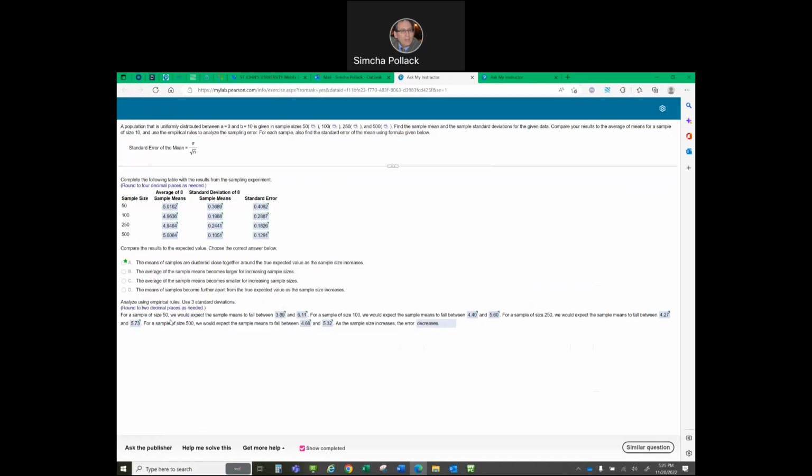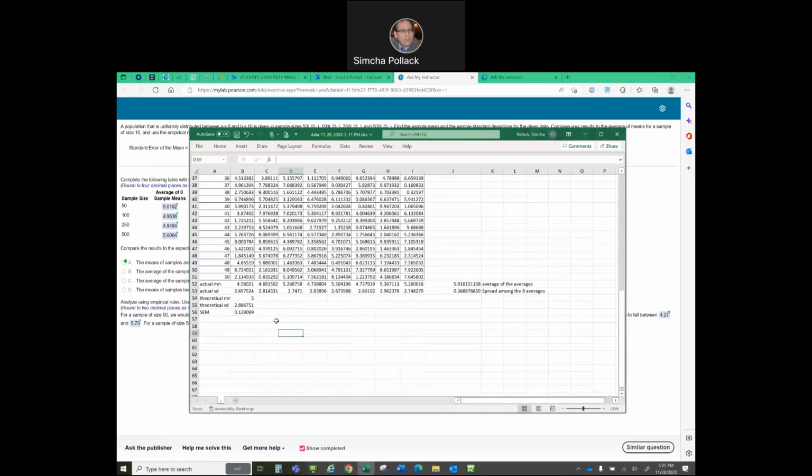So for a sample size of 50, let's go back to the Excel. We're not finished yet. Let's go back to this number. We changed it from 50. Let's make it accurate for this particular example.